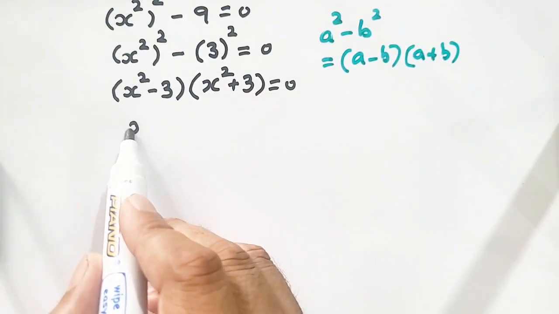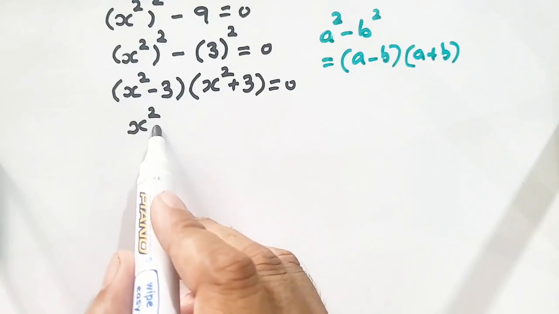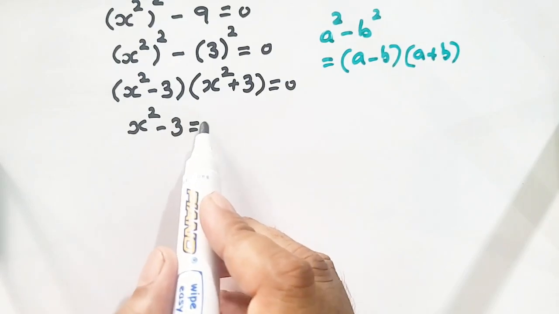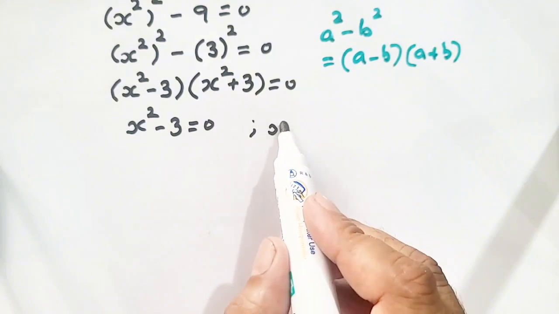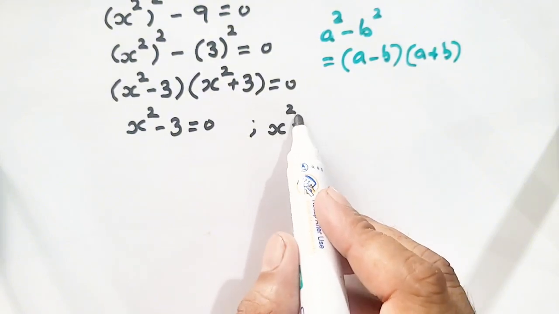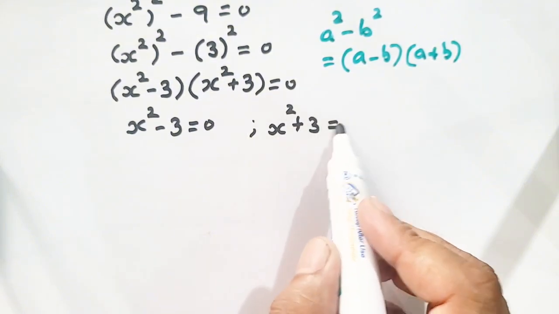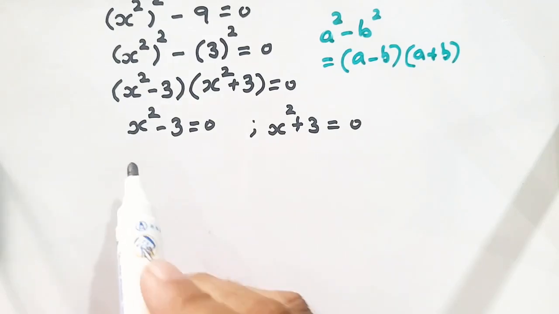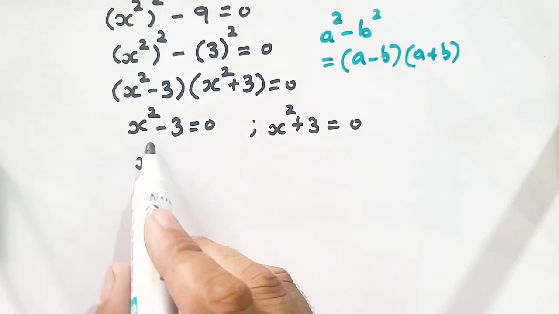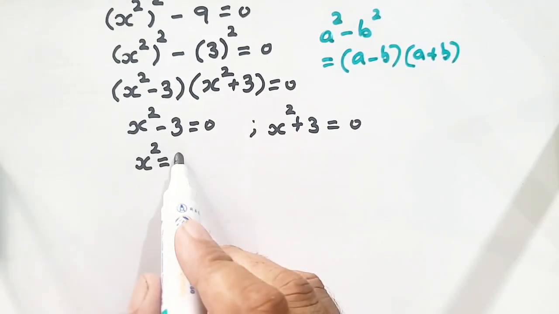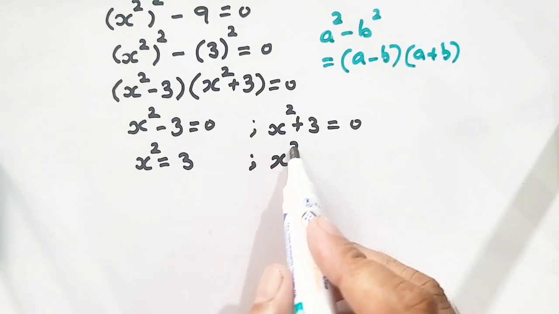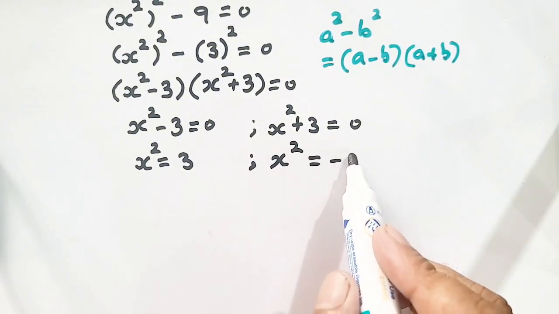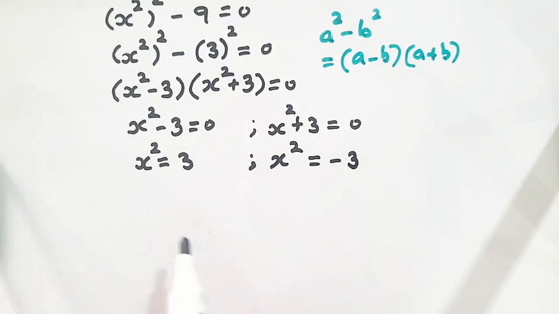We can write it as x squared minus 3 is equal to 0, and x squared plus 3 is equal to 0. The x squared will be equal to plus 3, and in the other case x squared is equal to minus 3.